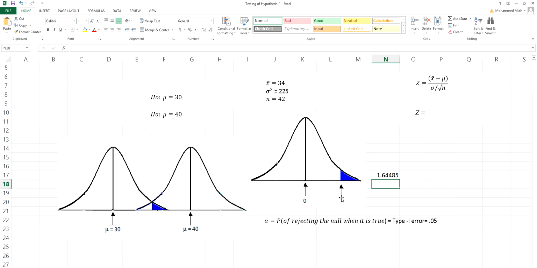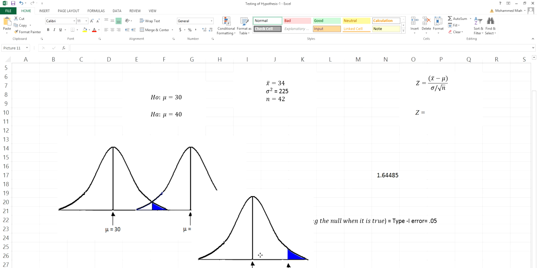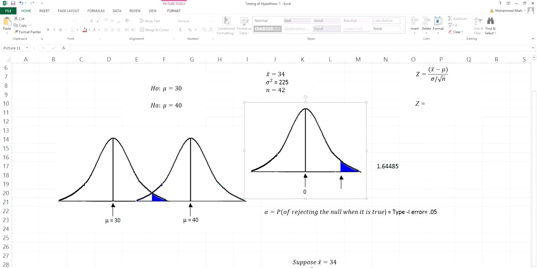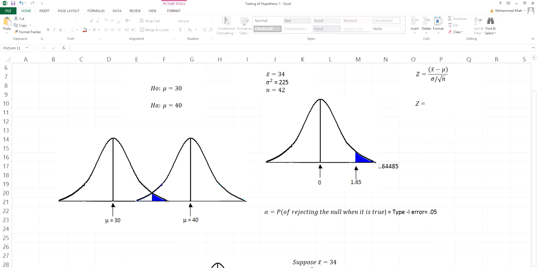So this value right here is 1.65. Your distribution is going to look like this, 1.65. That means only 5% of the values are to the right of 1.65.